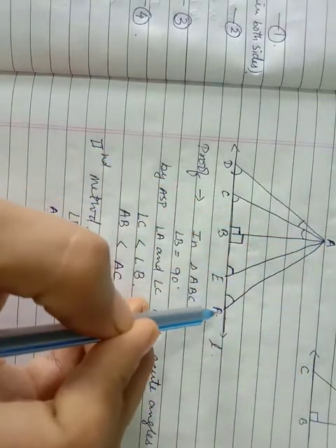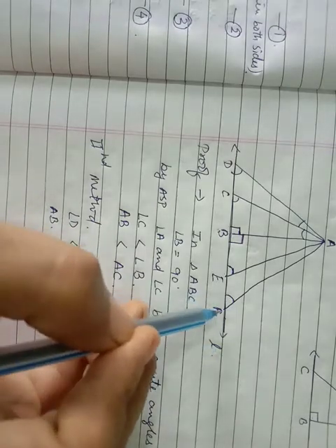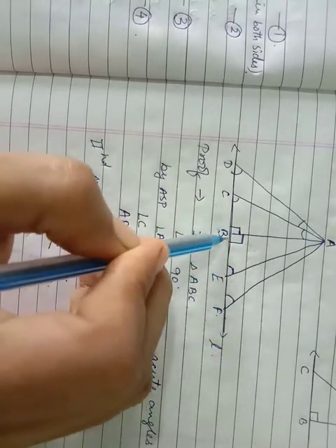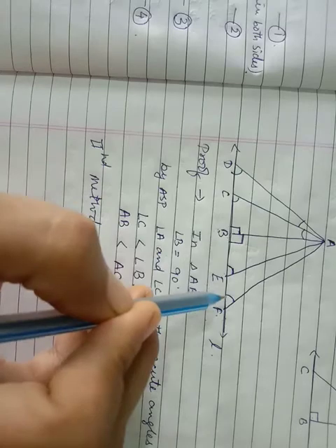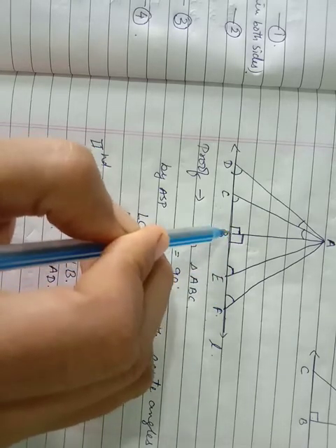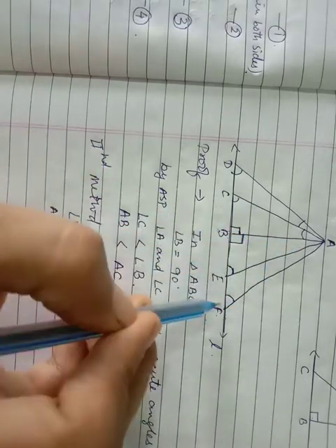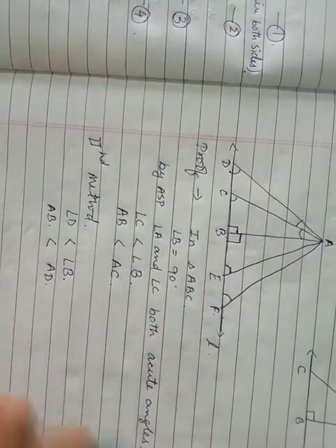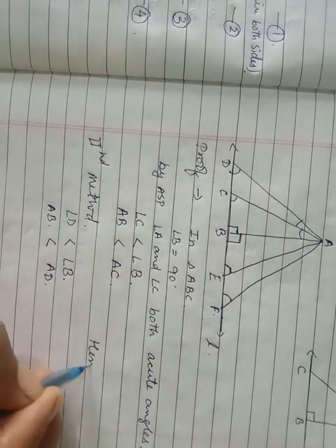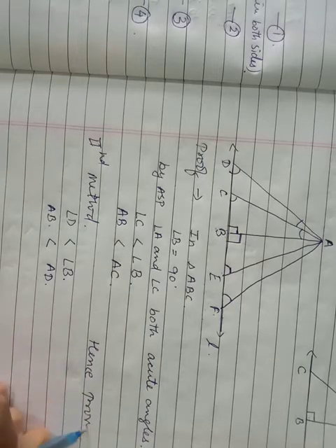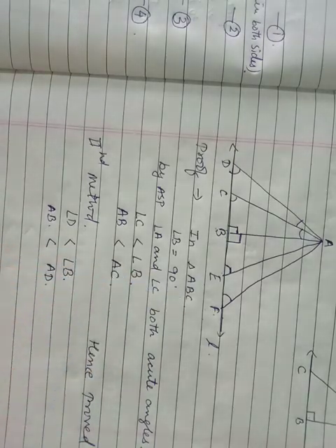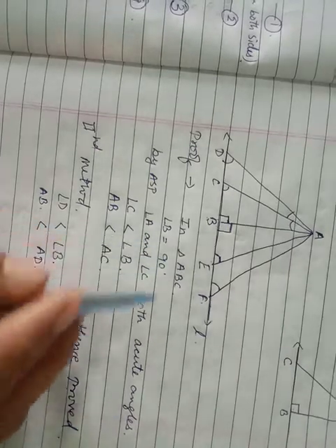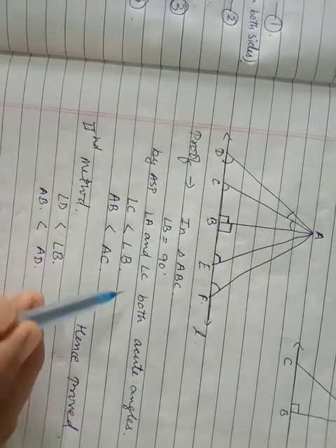Angle F is smaller than angle B, so again AB is smaller than AF. So you can prove it by taking many other points. So here it is proved. Hence proved. It's a very small proof, but very important also. You should know this.